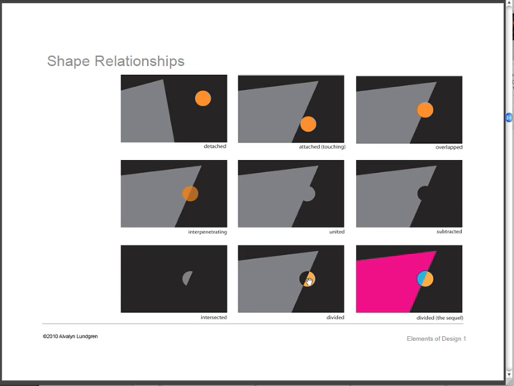Here we have the orange shape and the gray shape, and now the intersected area is a different color. So this actually gives us three shapes. We have divided two shapes into three by creating that overlap. And so we have 1, 2, 3 shapes sitting on top of another shape, which is the ground.